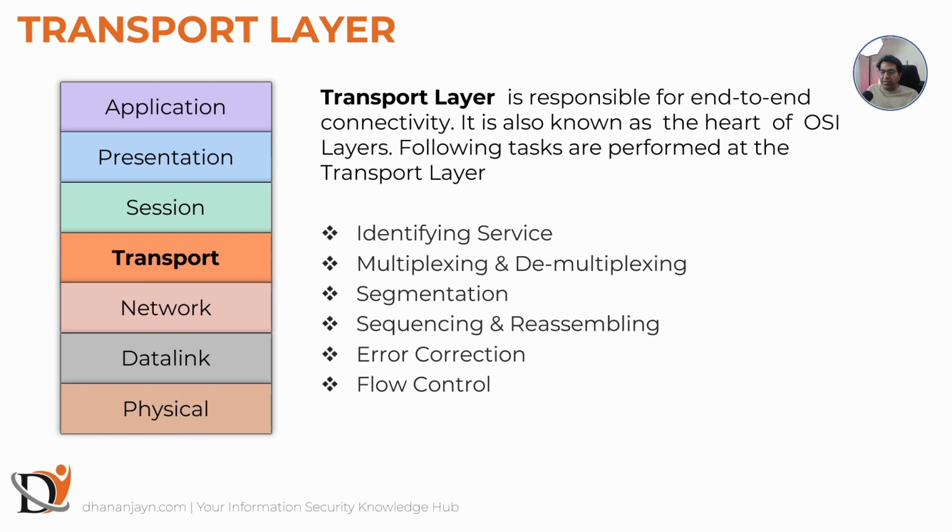When we talk about segmentation, it breaks down the large data streams into smaller segments for efficient transmission across the network and reassembles them at the destination. This segmentation process helps in managing the flow of the data and optimizing network performance.